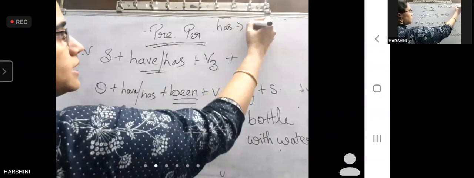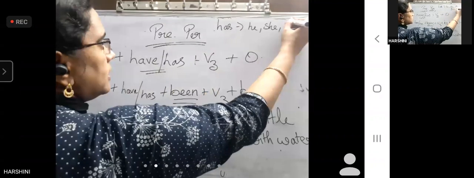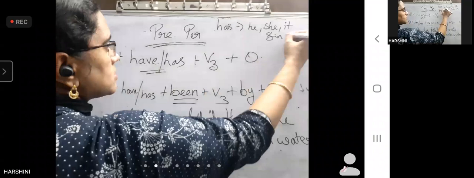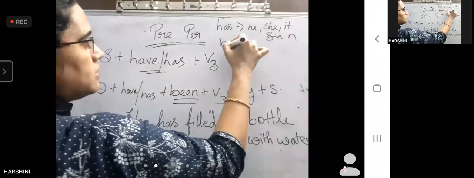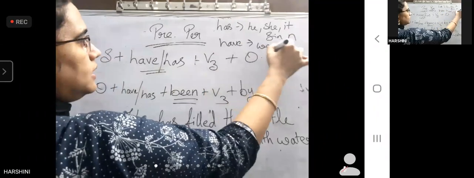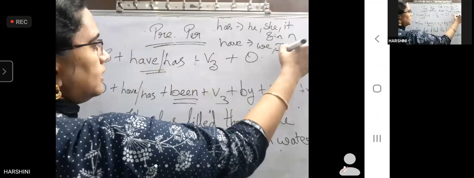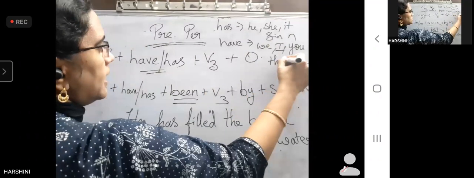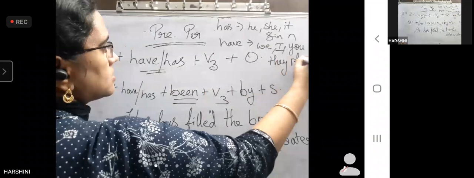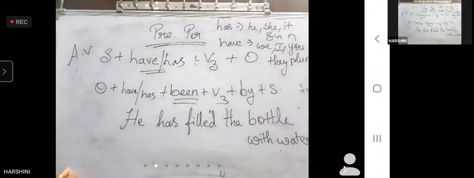Has is used for he, she, it, and singular nouns. Have is used for we, I, you, both singular and plural, they, and plural nouns. Okay, so bottle is singular. So the bottle has been filled by him with water.